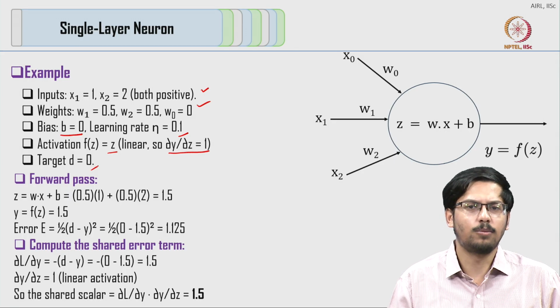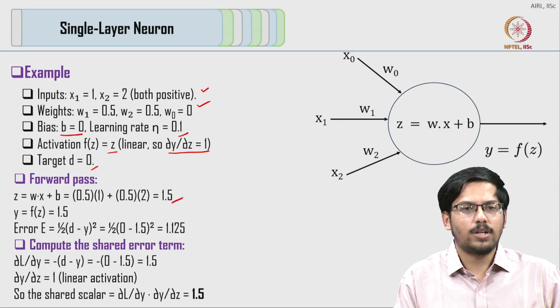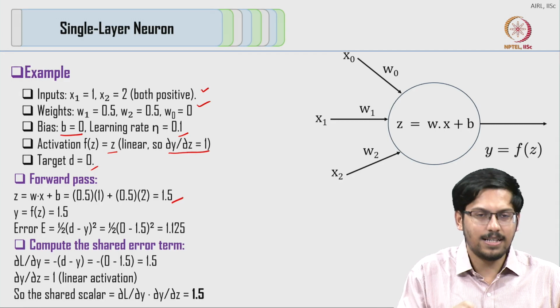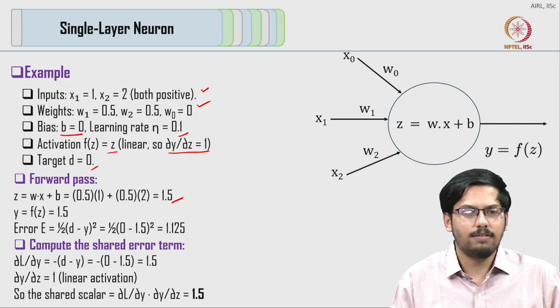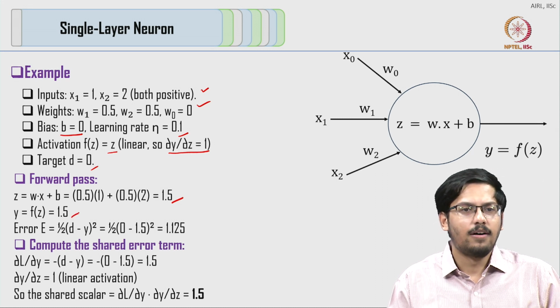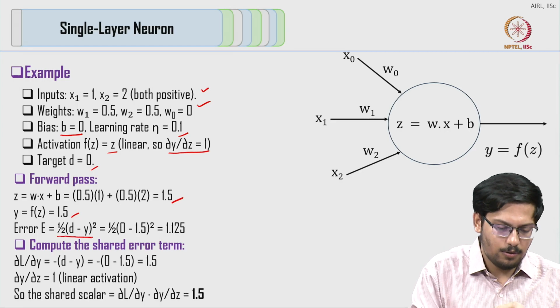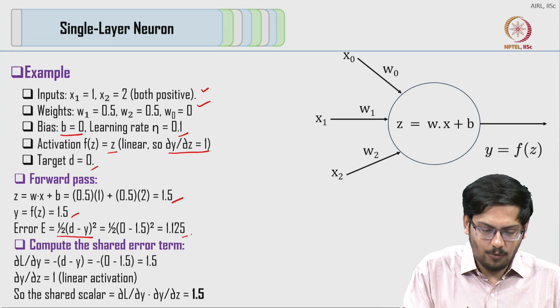So W is equal to W plus or minus delta W. The forward pass Z is given as W times X plus B. Since B is 0, we get Z as 1.5. Since it's a linear activation function, the output of my single layer neuron is 1.5. Finally, if we compute the error E, which is given as 1/2 (d minus y) whole square, the error is 1.125.